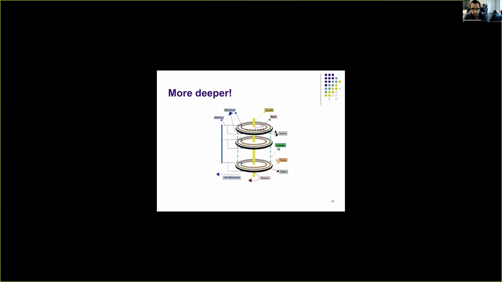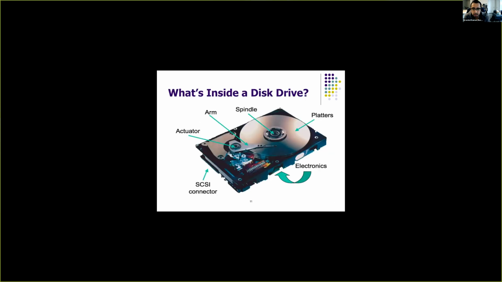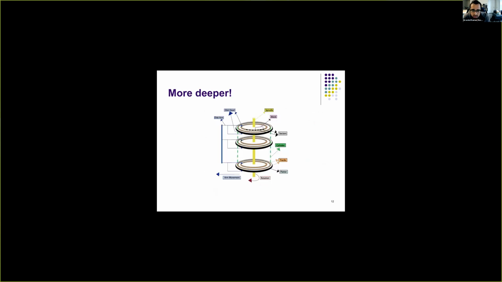If we dig a bit deeper, the center part is the magnetic disk, which is a stack of magnetic platters, and each platter has various concentric tracks. Each platter is also divided into sectors.